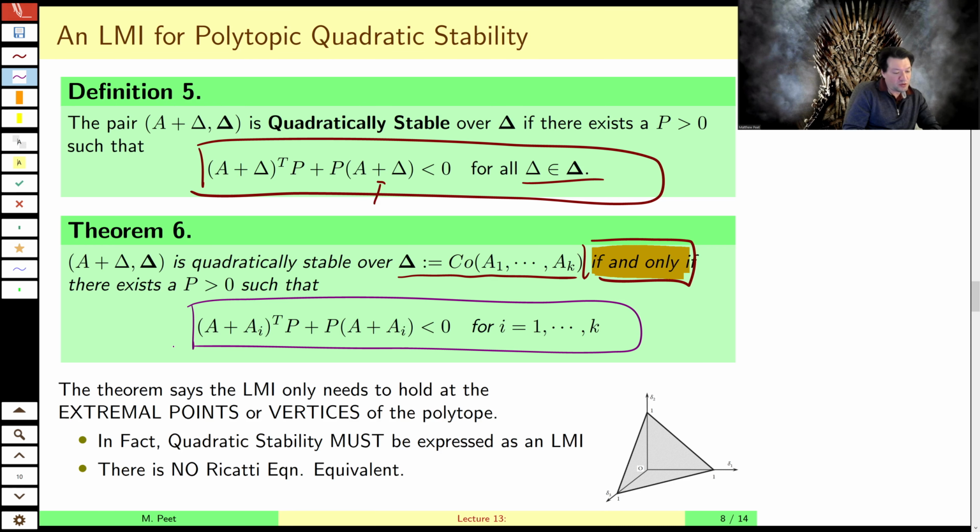The robust control framework is really quite intimately tied in with LMIs, and there's very little you can do without LMIs in that context. Quadratic stability, remember, is itself expressed as an LMI condition, mostly because conceptually it's just searching for a Lyapunov function, and quadratic Lyapunov functions are naturally stated as LMI conditions.